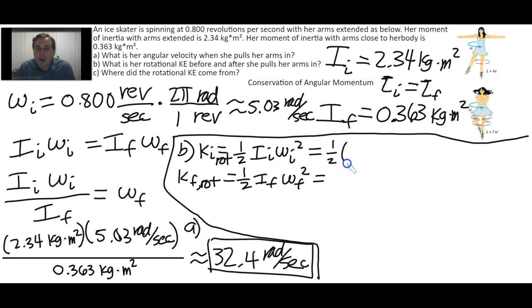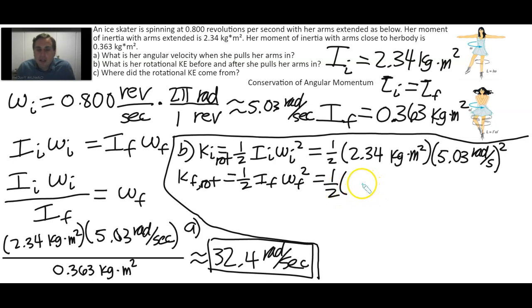That's 1/2 I initial was 2.34 kilograms times meters squared. Her initial angular velocity is 5.03 radians per second, and we square that. And then 1/2 I final is 0.363 kilograms times meters squared, and then her final angular velocity is 32.4 radians per second, squared.